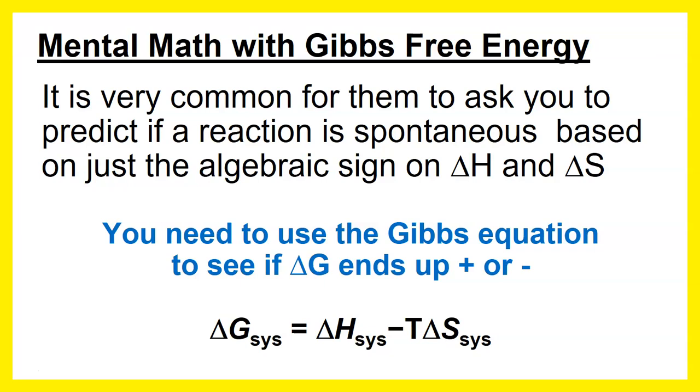You may just be told it's exothermic and that you're going from a solid to a gas. Well, that allows you to decide the plus or minus algebraic sign on your enthalpy and your entropy. And if you can think about those, you can kind of predict what the sign on delta G would be. Some people love this kind of mental math, and sometimes people get overwhelmed.